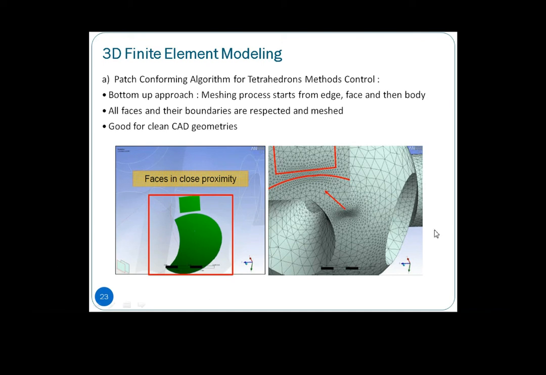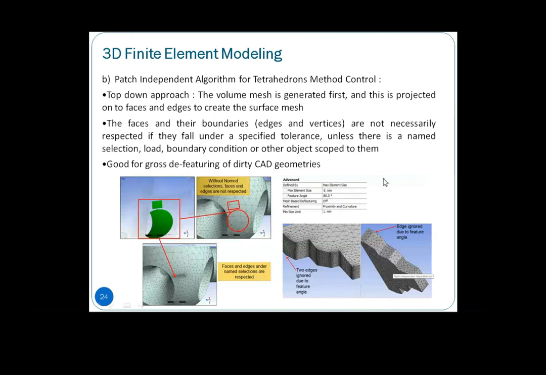If you are using patch independence, it doesn't really consider whether it's two faces or not. So basically, it is more towards a top-down approach. The entire body will be discretized. Even if you have two faces very close, it won't consider that, it will still treat it as one body and discretize according to this particular body.